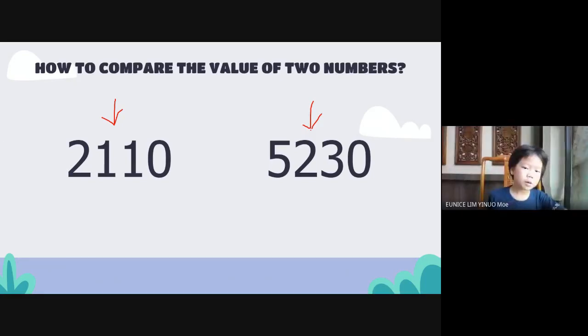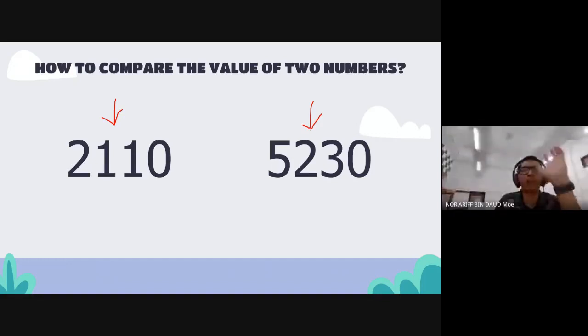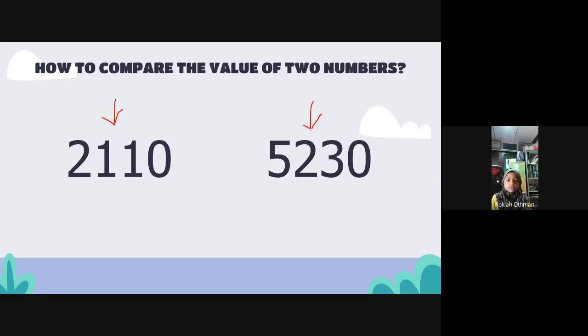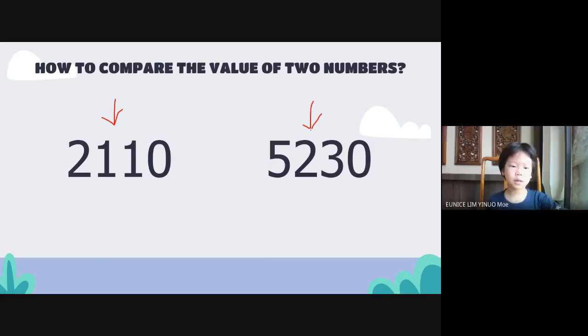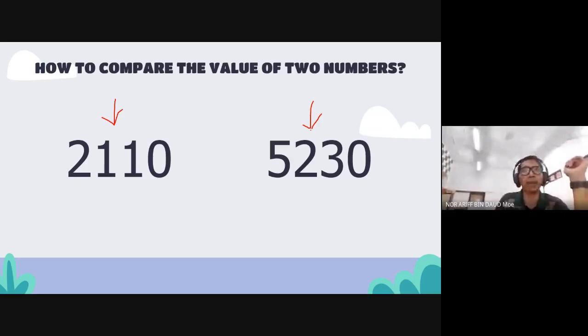No, the first step I told you before. The first step, what are we supposed to do? We look at the number in the right side or the left side? The left side. Yes, we look at the number at the left side first.